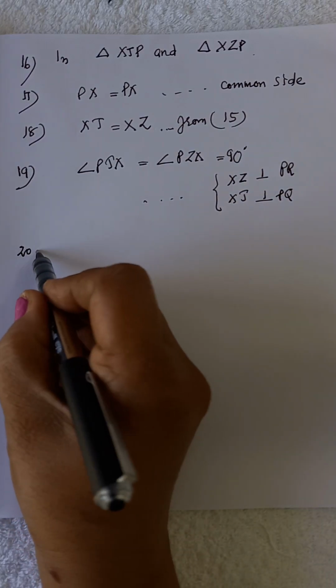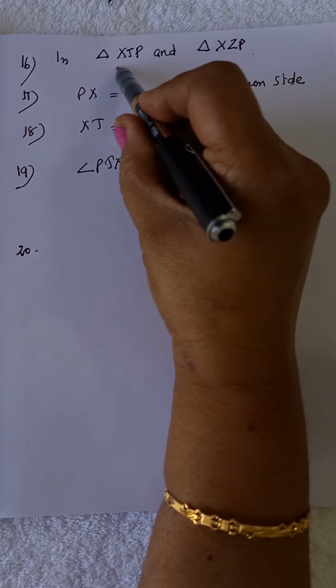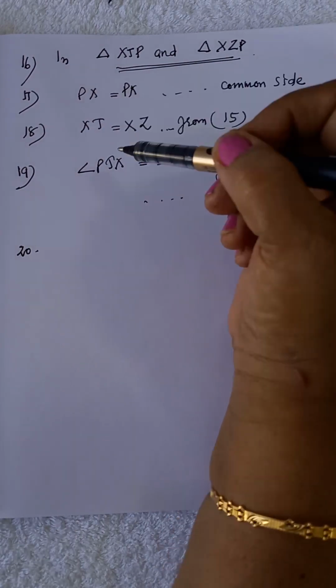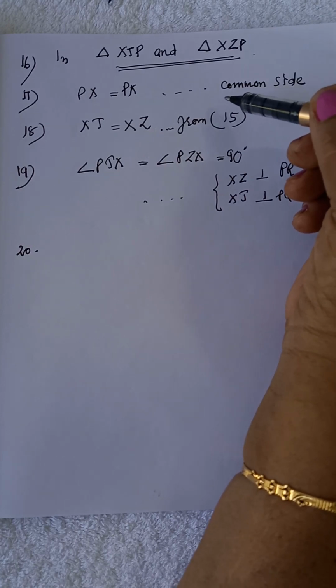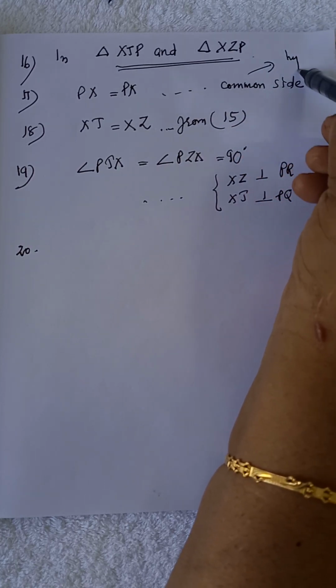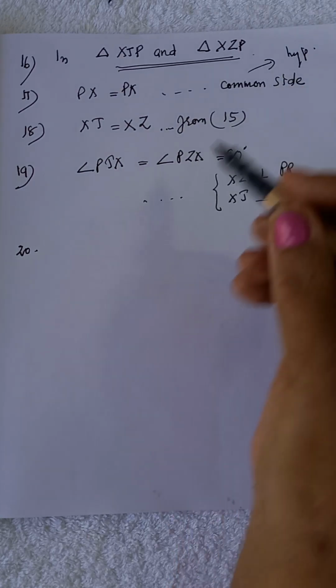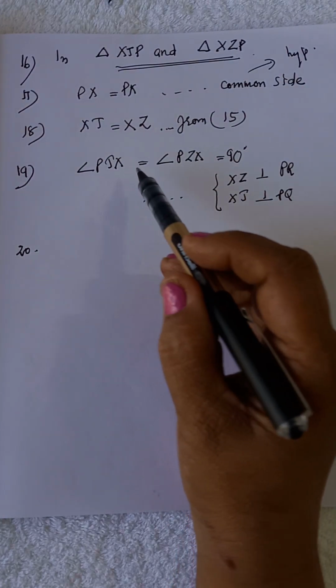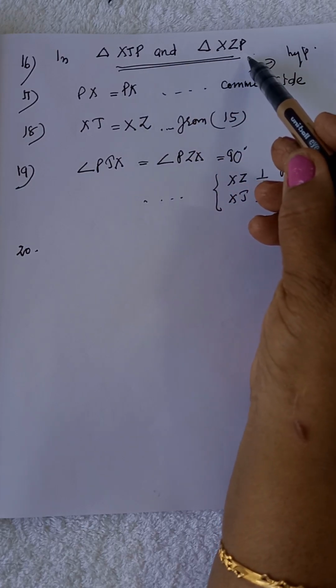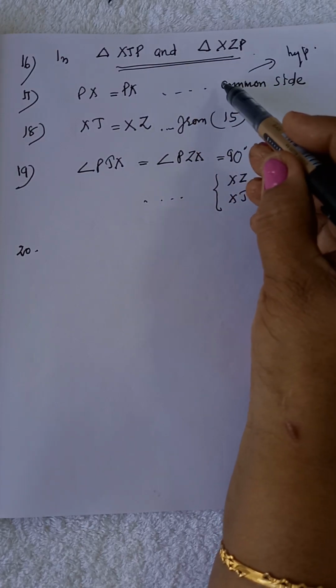Now the 20th point. So here in the case of these two triangles, we got three parts as equal on side and angle. But this side PX is equal to PX. This is the hypotenuse. So we can say that these two triangles XTP and XZP are congruent to each other. By what test? This is RHS.